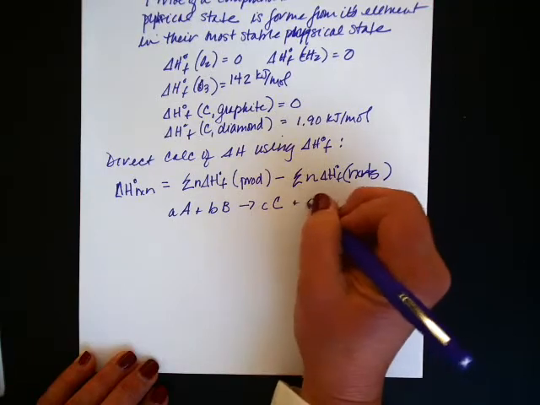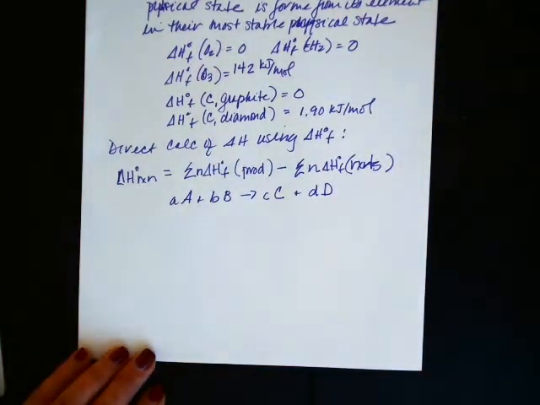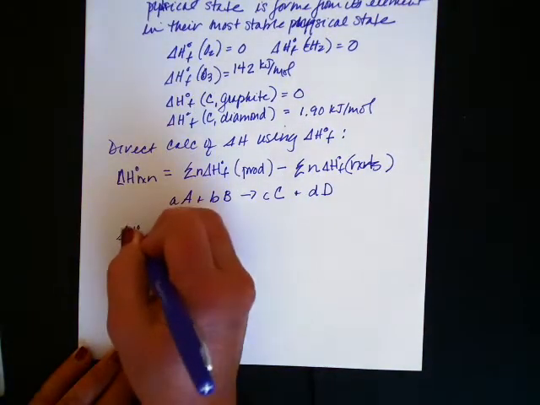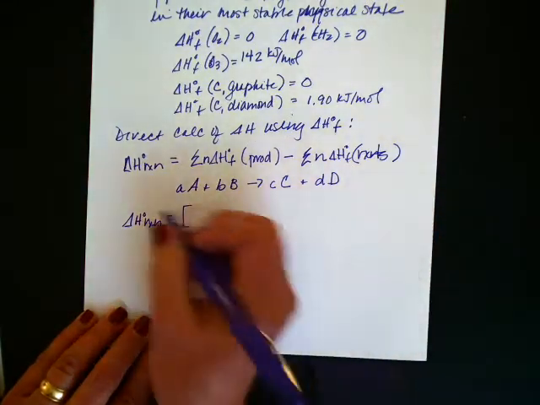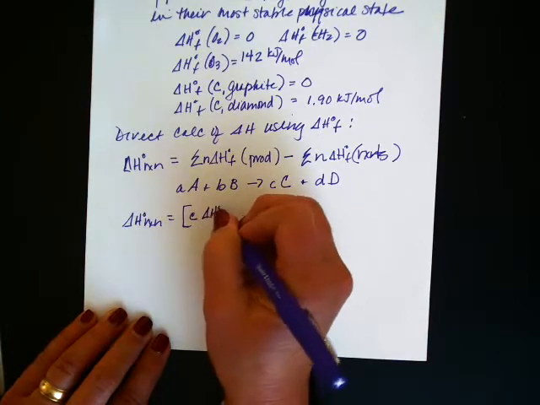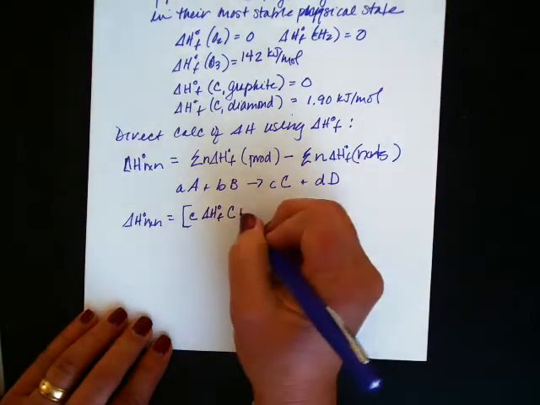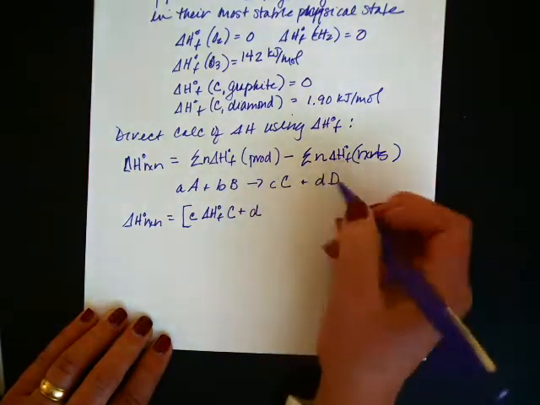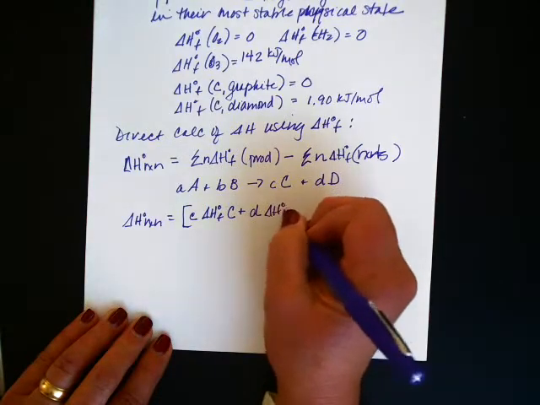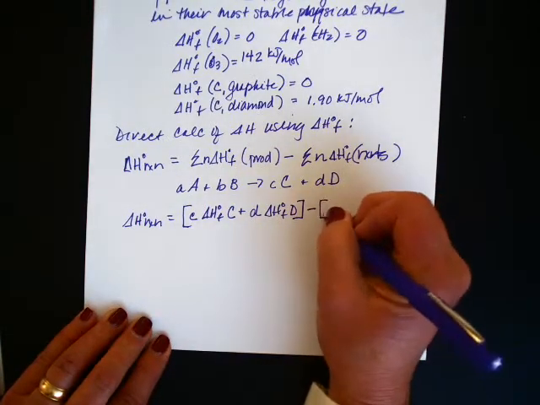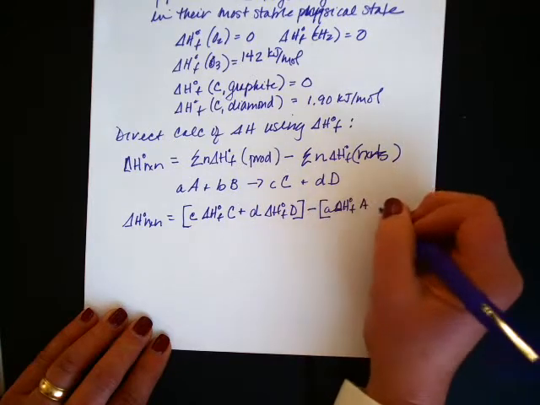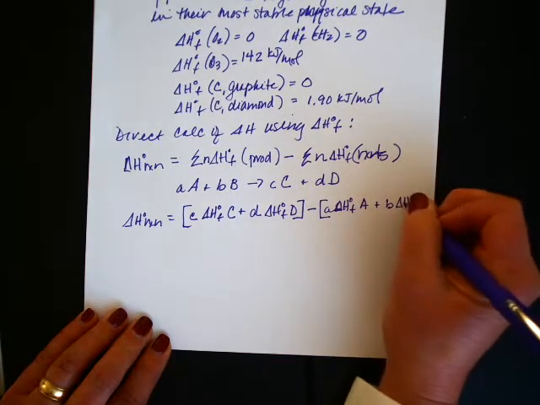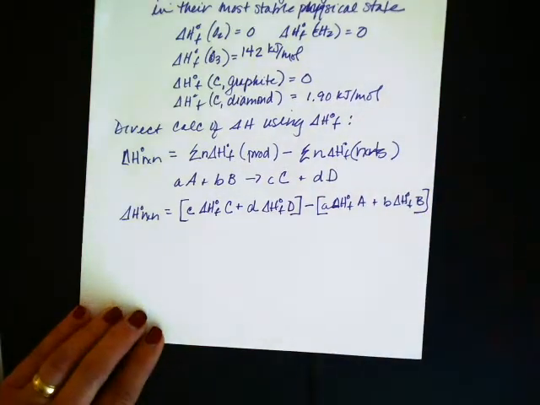And if I wanted to write the generic standard heat of reaction equation for this, it will be c times the standard heat of formation of C, plus the d coefficient times the standard heat of formation of D, minus a times the standard heat of formation of A plus b times the standard heat of formation of B. And I look up those standard heats of formation.